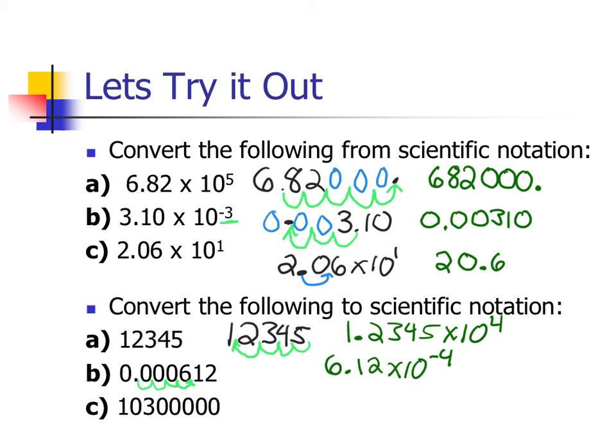We don't have any numbers in front of the 1, so the left rule doesn't come in. We have a lot of zeros after the 3, but is there a decimal place there? I don't see one.